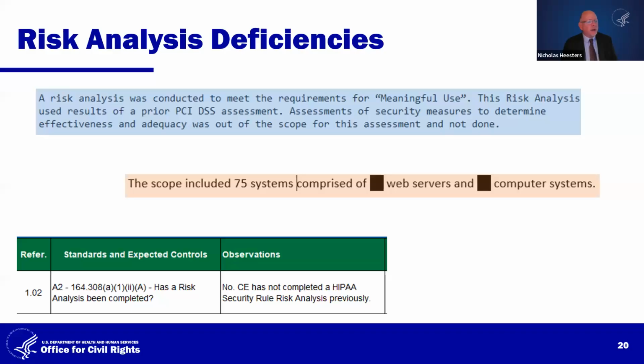All right, so our second example, the scope included 75 systems comprised of some number of web servers and some number of computer systems. Well, we're already missing a few things here, I think people could probably recognize. There's presumably going to be other things in the organization than web servers, computer systems.